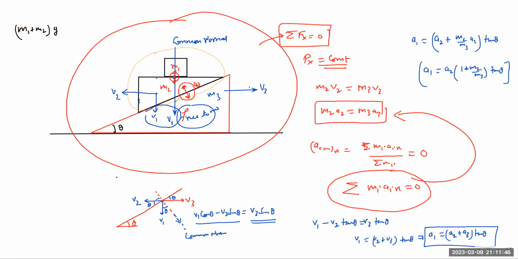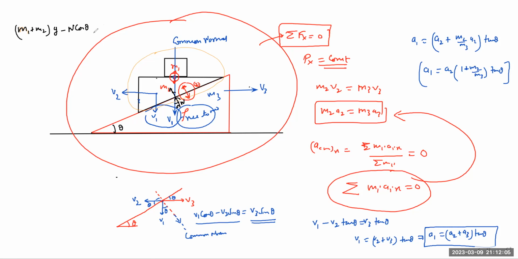And the upward force is going to be this normal's component. This is theta, right? Upward is N cos theta.